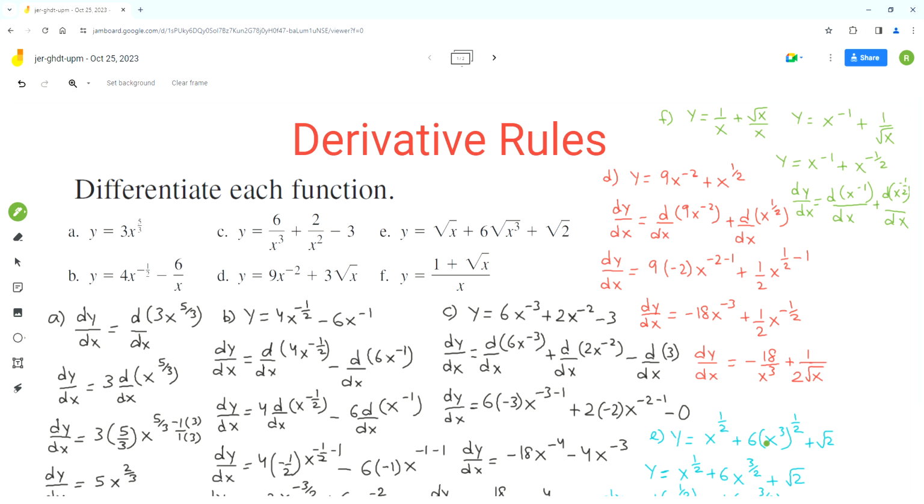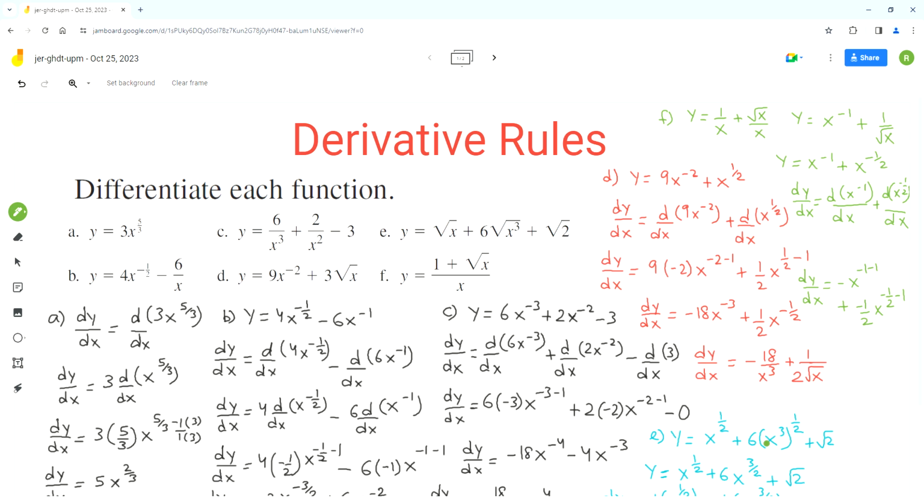So dy over dx, I'll just move it here. So dy over dx equals, so we'll move the exponent to the front, so negative x to the power negative 1 minus 1. So the coefficient is just negative because we don't write 1 as a coefficient. And now for the second term, it will be negative 1 over 2, then x to the power negative 1 over 2 minus 1.